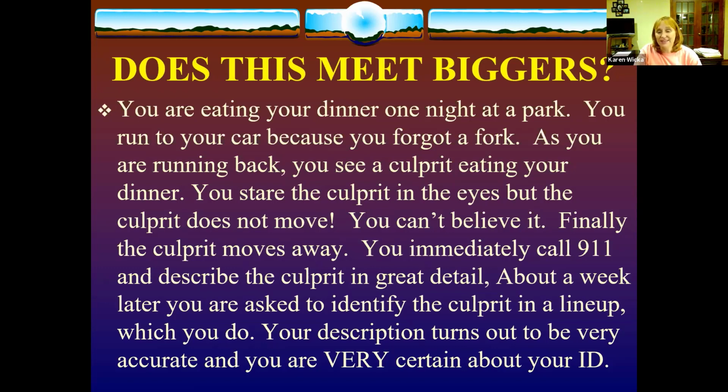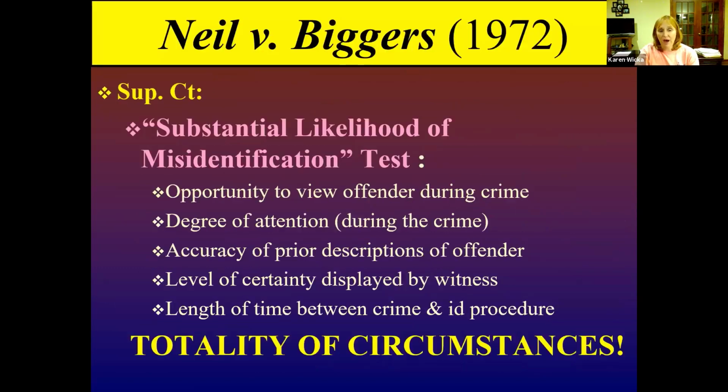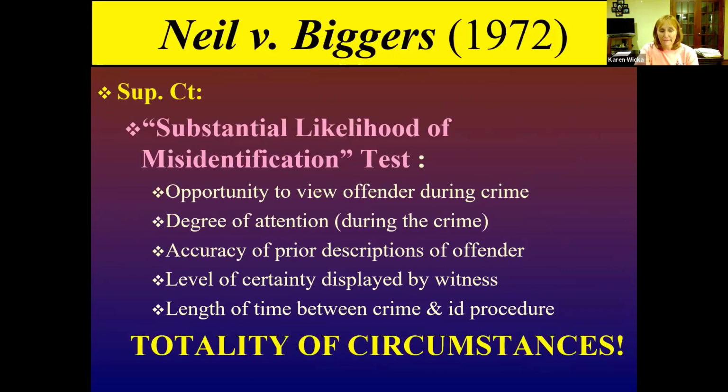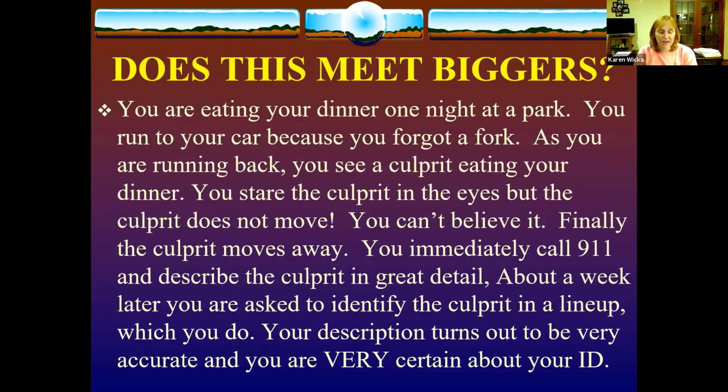So when we look at the reliability factors, first, opportunity to view the offender: you looked the offender right in the eye. You stared right at the offender, and the offender stared back at you. So you meet that. How much were you paying attention? Totally focused on this culprit. That's all I was looking at. I wasn't looking at anything else.